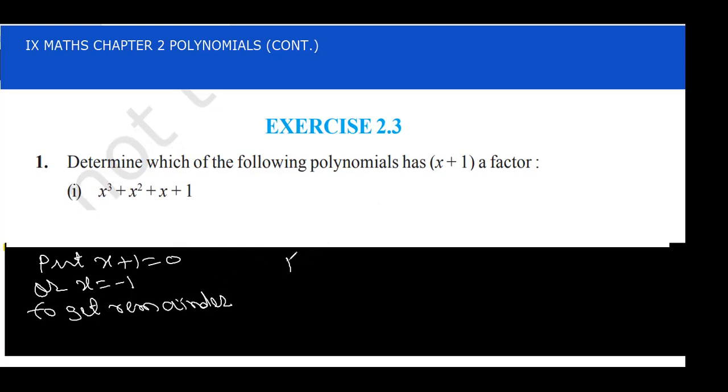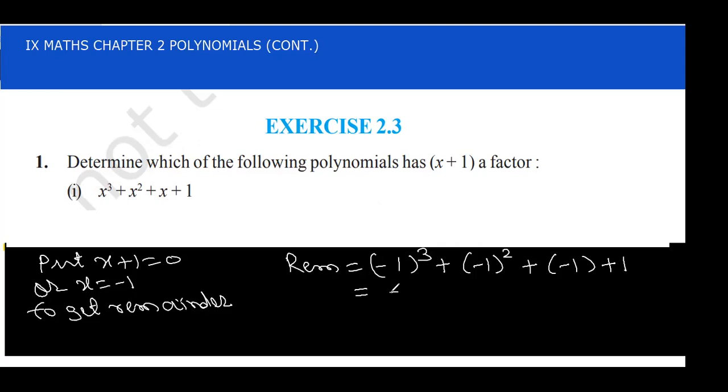So remainder is now in place of this. Wherever जहां भी x है वहां पे आप -1 रिप्लेस करिए x को। तो देखिए रिमाइंडर विल बी (-1) power 3 plus (-1) power 2 plus (-1) plus 1.